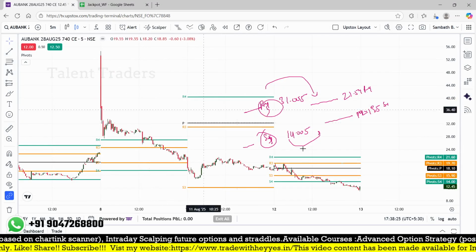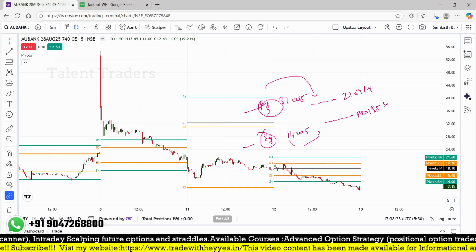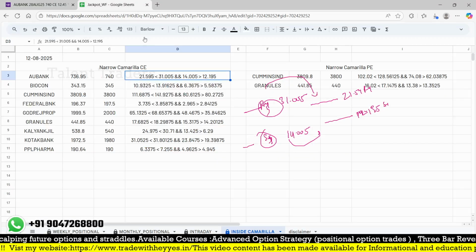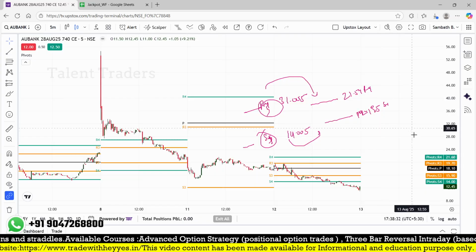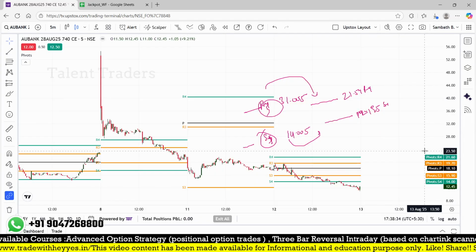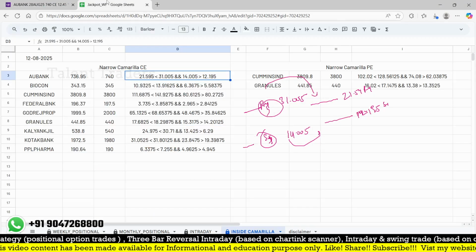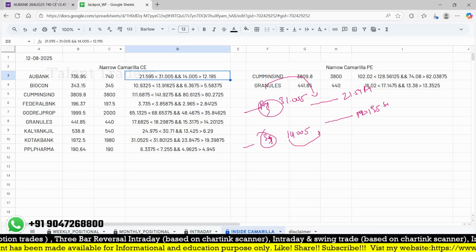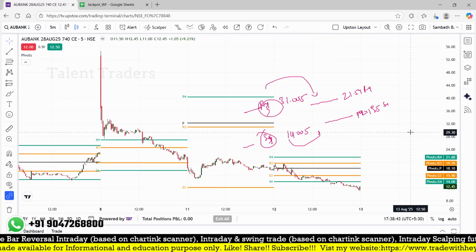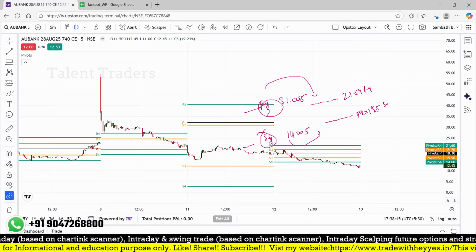So for example, take this particular strike price, call option. Let's look at today's value, 21.595. So exactly 21.6 is today's R4 value, and the S4 value is 14.